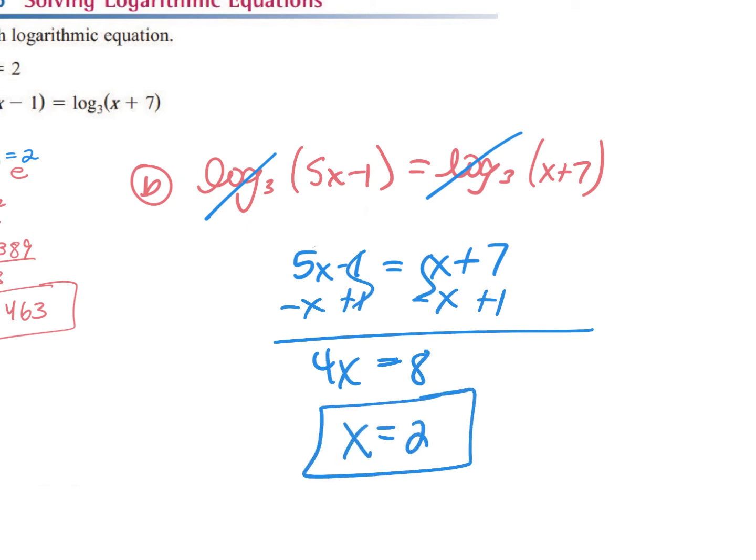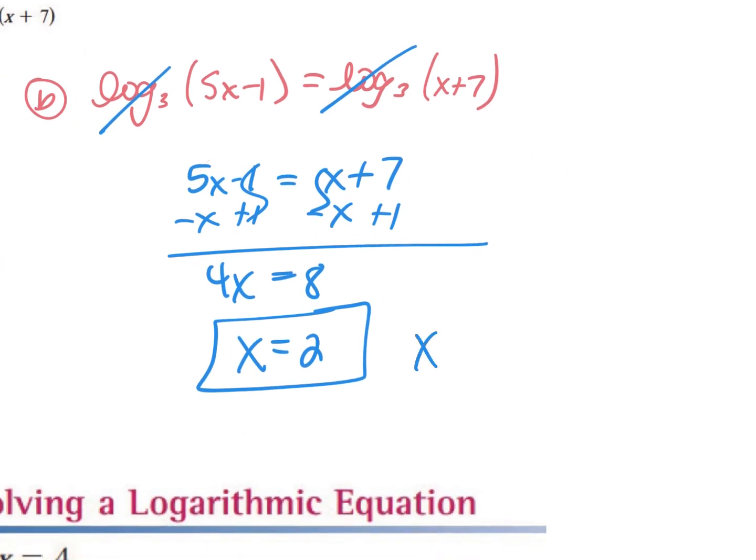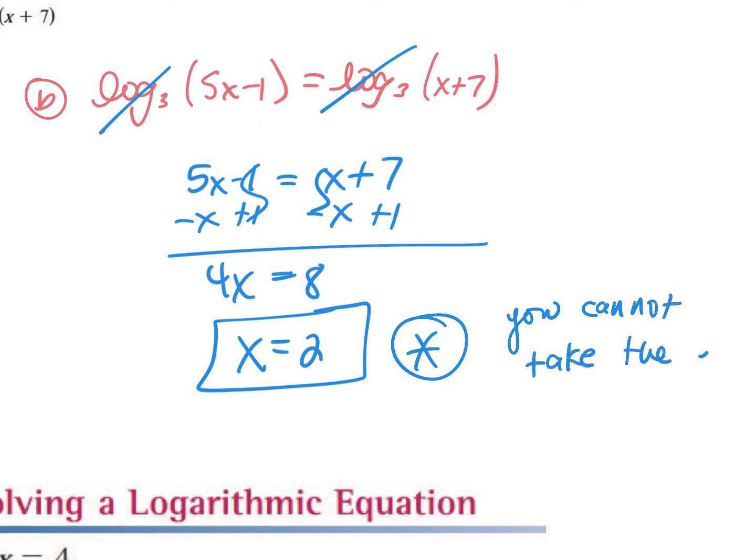Now, very, very important. At this point, you have to go back and check. What you need to go back and check, write this down, circle it, star it. You cannot take the log or ln of a negative number.